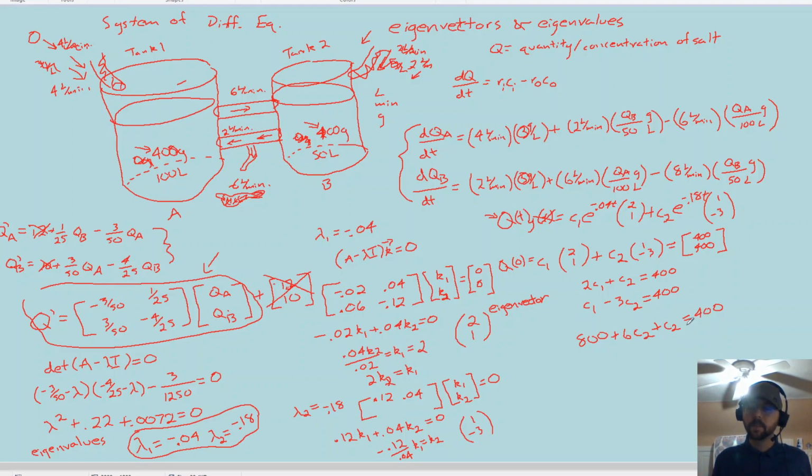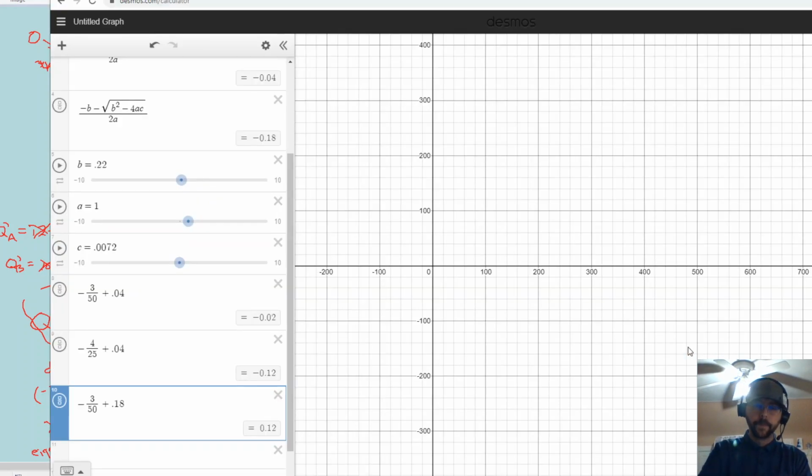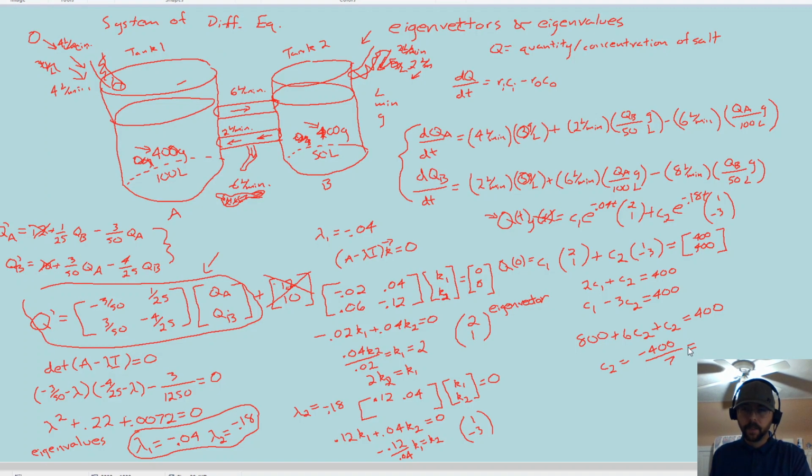So C2 equals negative 400 divided by 7, which equals, we'll do decimal format because that's what I've been doing, about negative 57. So negative 57 equals C2.